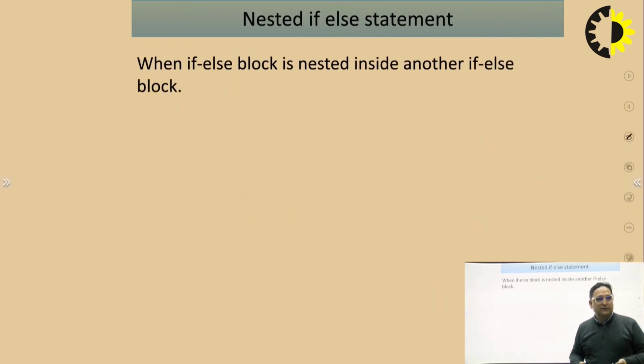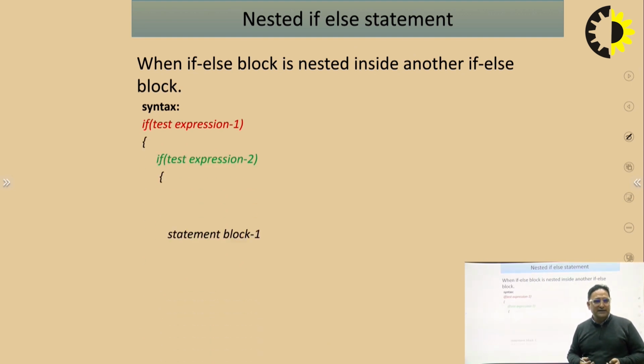Now we can nest the if and else statement. Nest means if, and then within that if, again an if statement, a nested if statement, or you can have different if and else statements in a program. So how does it look?